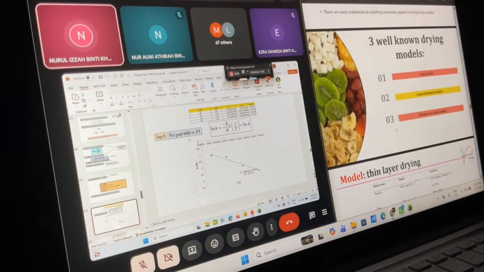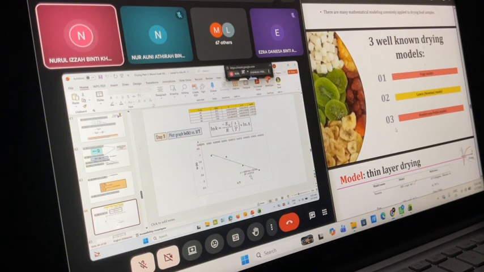So you have to plot ln k over 1 over T, y equals mx plus c. ln k is your y, and 1 over T is 1 over temperature, so you have to use the Kelvin unit. So ln k, the value of k that you obtain from each of the Excel, you have this data, and the temperature is 1 over each temperature. You will get this data, so you plot the graph.